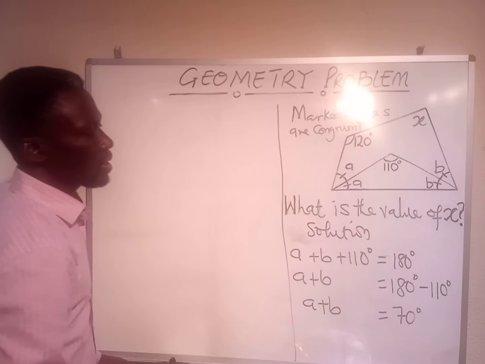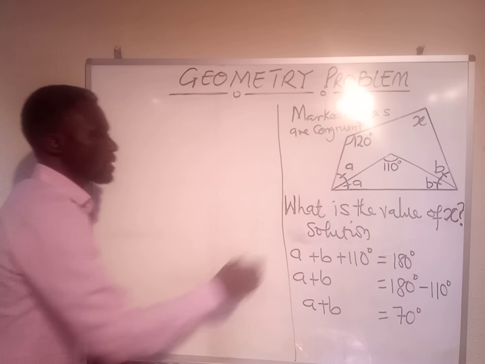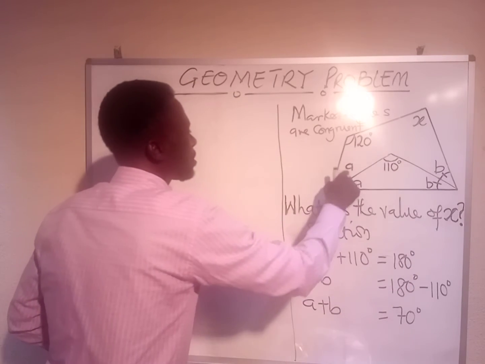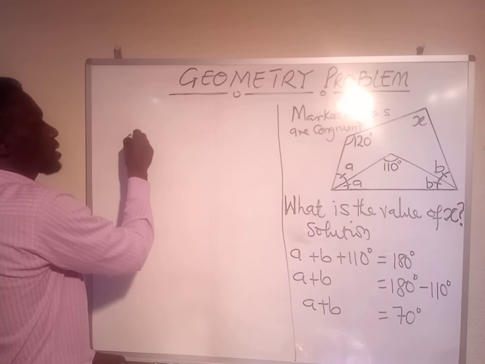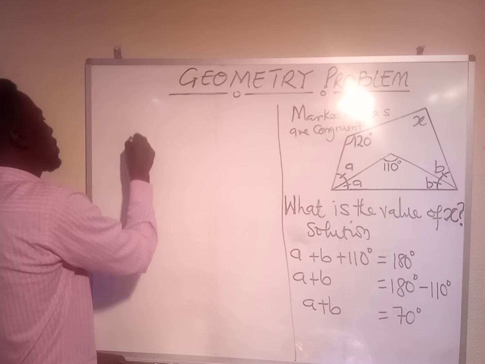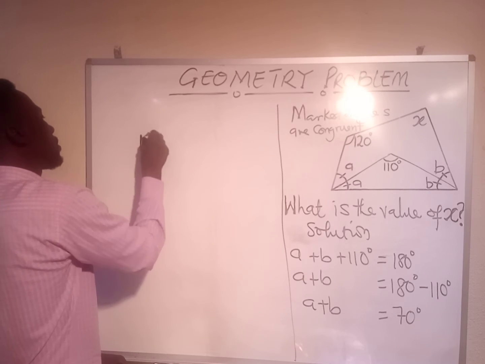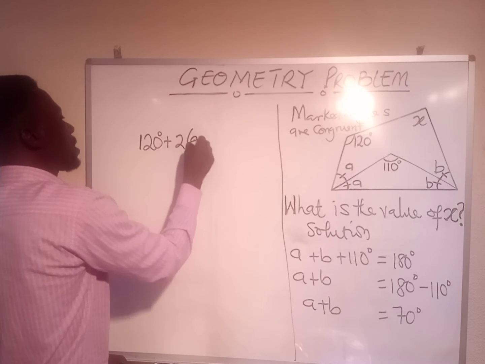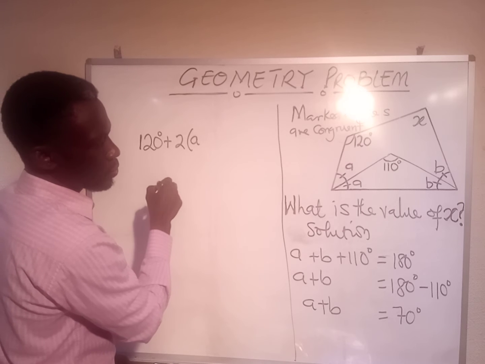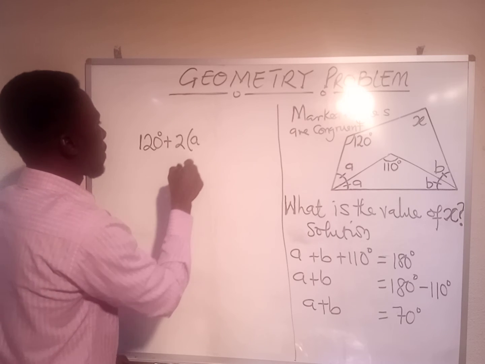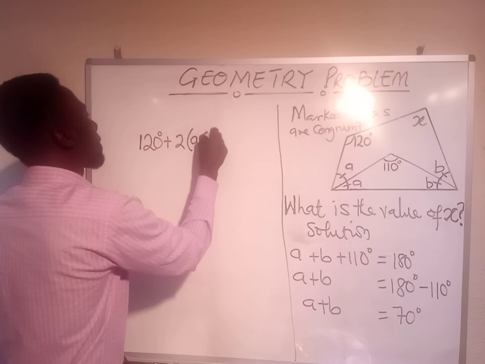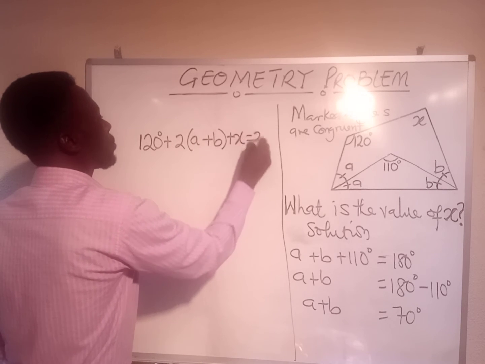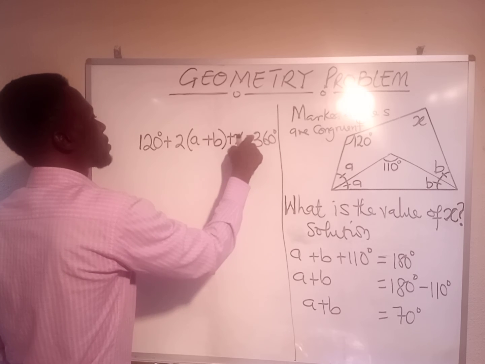B plus B over there, that is 2B. So it follows that we can write 120 degrees plus 2 times (A plus B), that is 2A plus 2B, plus x is equal to 360 degrees. So this is what we have.